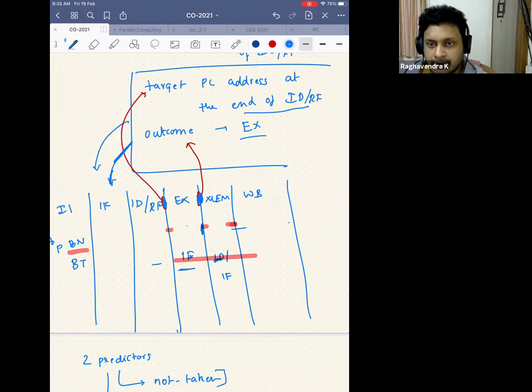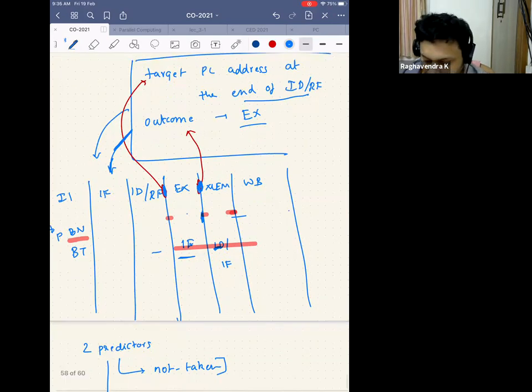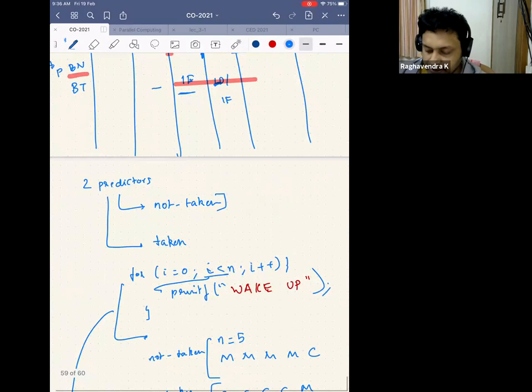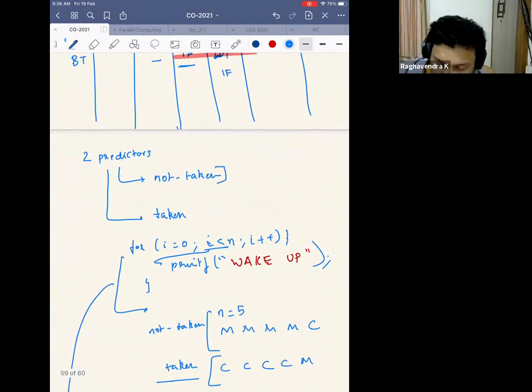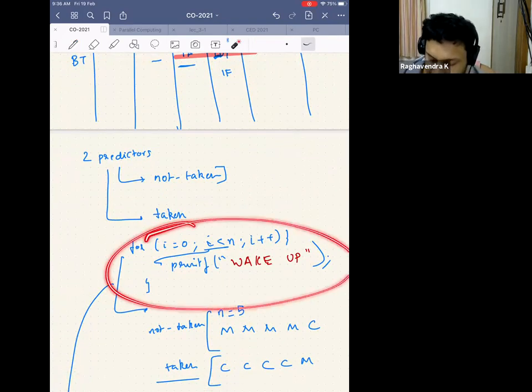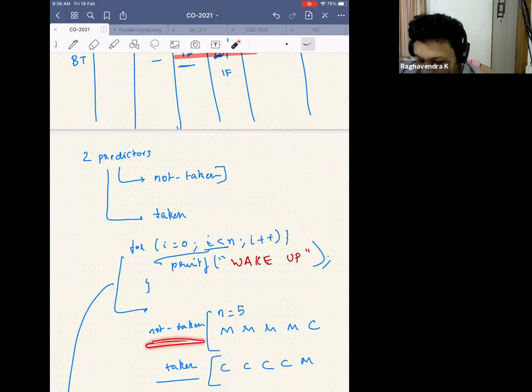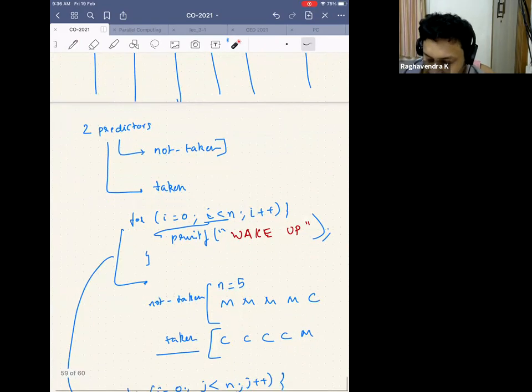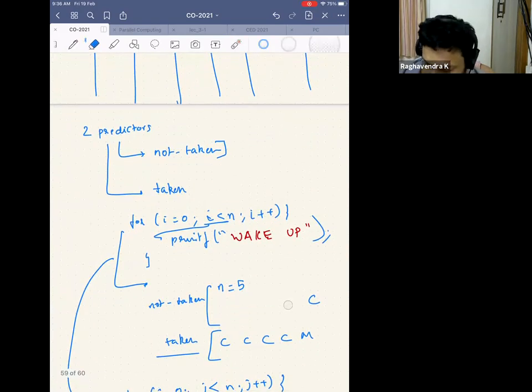Okay, so now I have built two different predictors. For this particular for loop, if I build a predictor which says not taken, of course, this can be the other way around. I'm not just using my mind to figure out what is right. Let's write it as well.